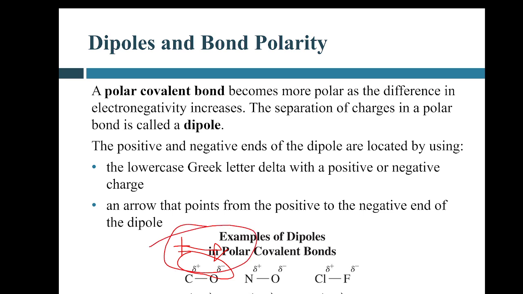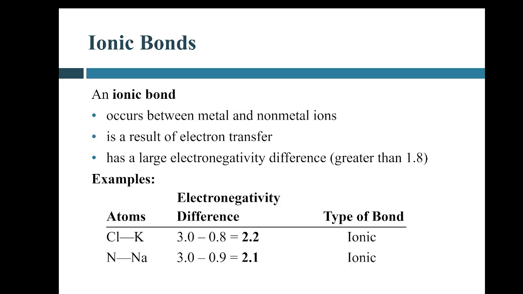You will almost never see the deltas unless it's necessary, like a structure where the arrows can't fit. And if you have a very large difference, in this book it defines it as 1.8 or larger. This is going to be an ionic bond, because it's just going to tear the electrons away from the other atom.